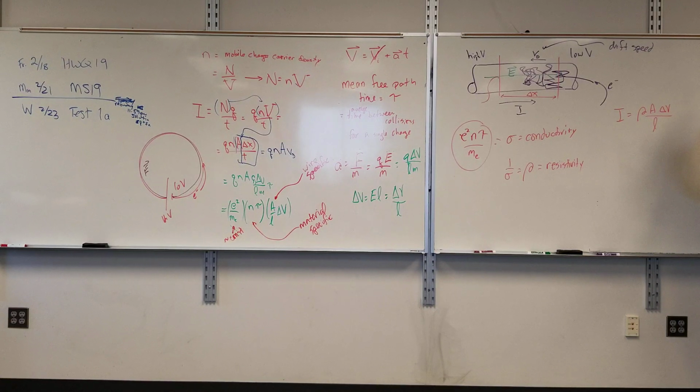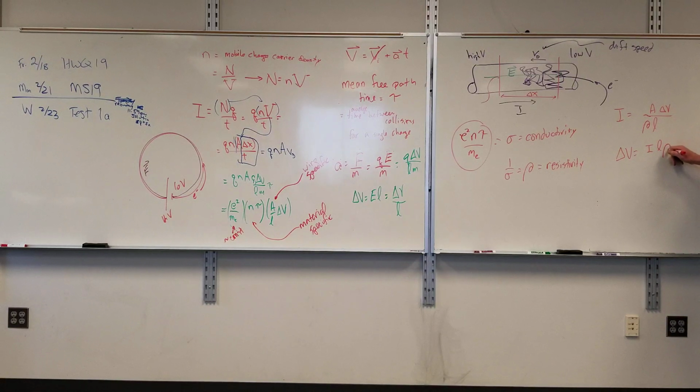Now this is not the traditional form of it, so I'll put it in the traditional form. I'm going to solve for delta V. So delta V is equal to I L, oops, that rho is in the wrong place. There we go. It'd be sigma if it were on top, but it's the reciprocal, so rho is on the bottom.